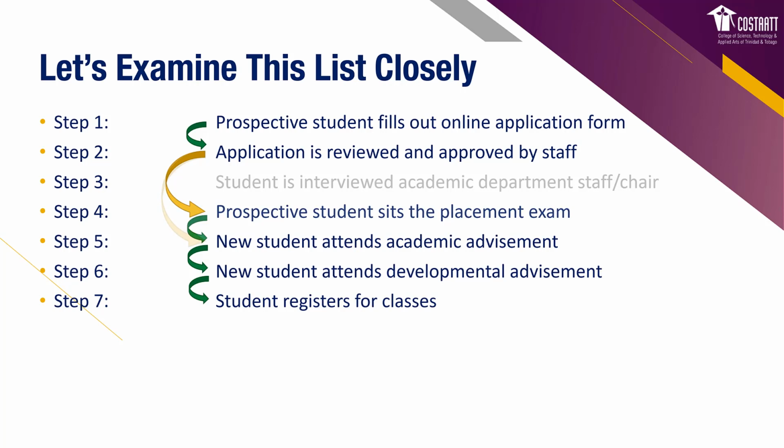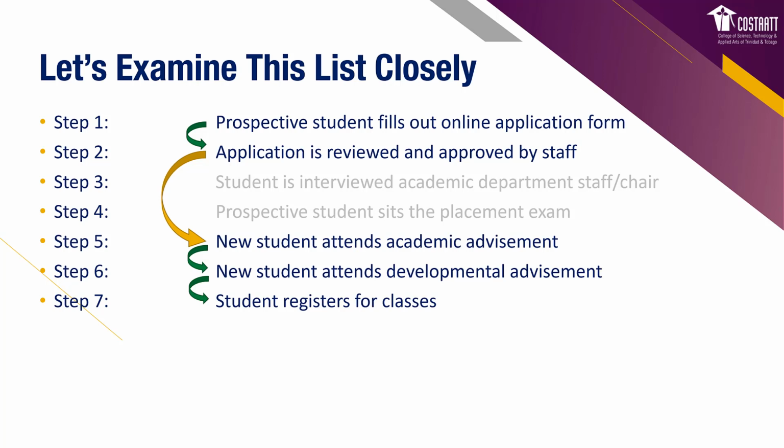But that's not the only skip that may take place. For example, a student who may have A-levels or who may have already done a degree at another institution, maybe an associate degree at Roy Tech or maybe even at Custard some years before, would not have to do a placement exam. So for such students, in addition to not having to do step 3, they can also skip step 4.